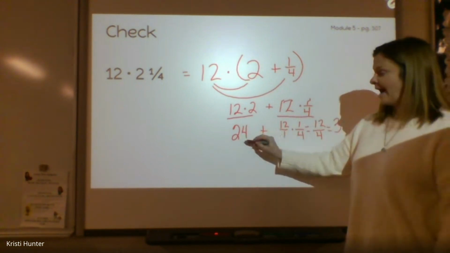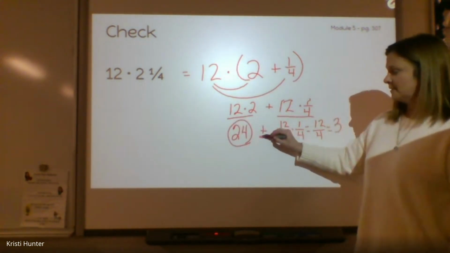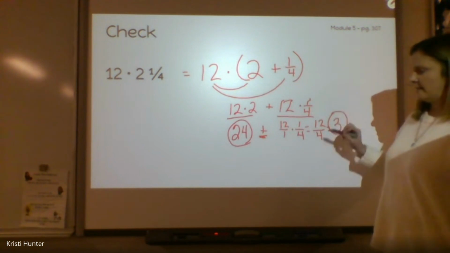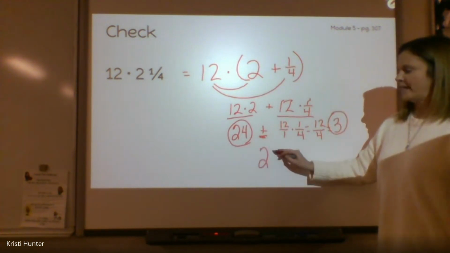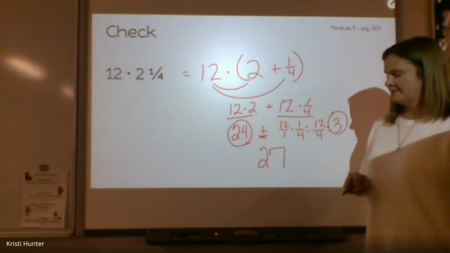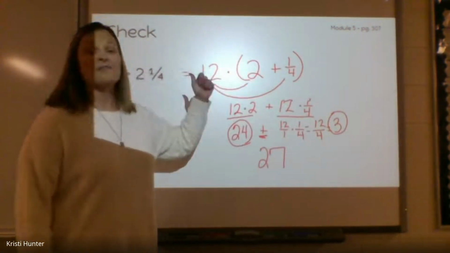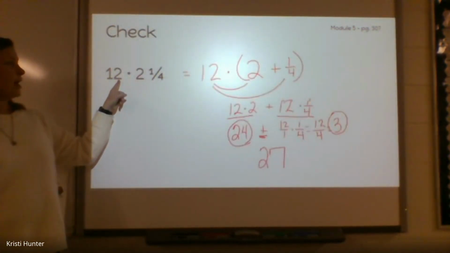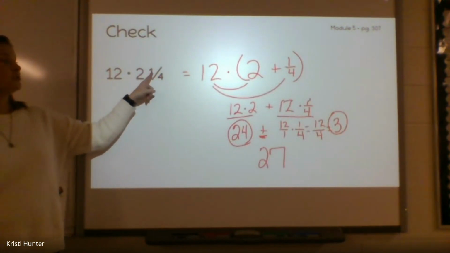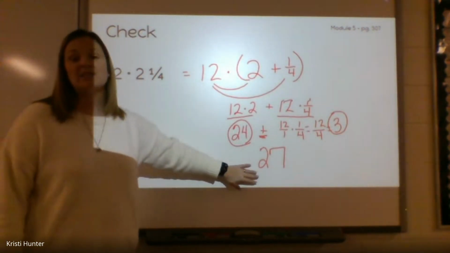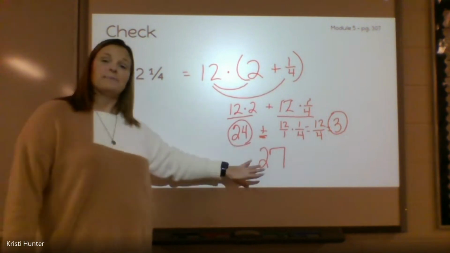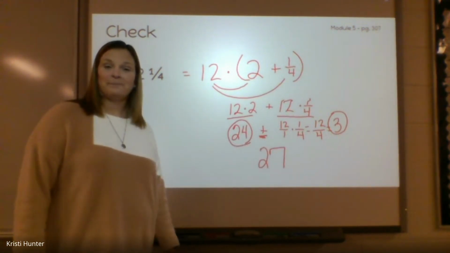So now I have 24 plus 3. When I do my final step, that'll get me the answer of 27. So when I evaluated 12 times 2 1/4, I would get 27 because of my distributive property.